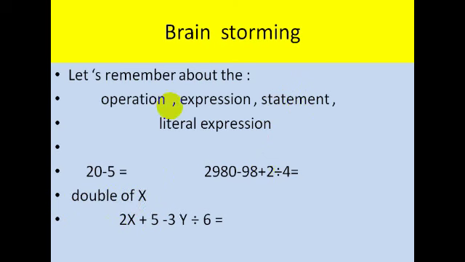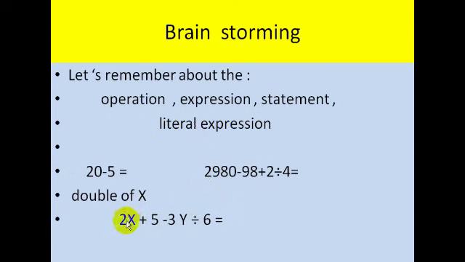And what about the literal expression? A literal expression is an expression, but we have letters inside it. It means we have an expression and letters. Which one here has an expression and letters? Yes, here down. That's called a literal expression.